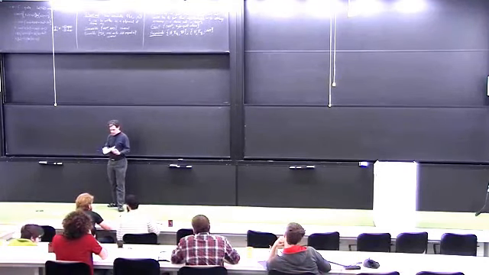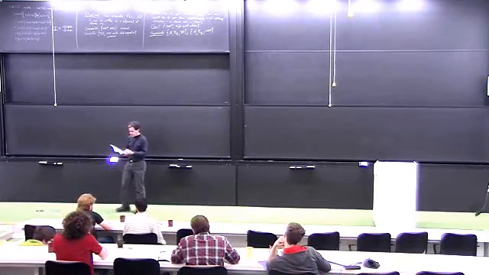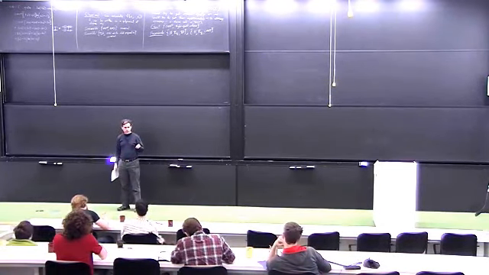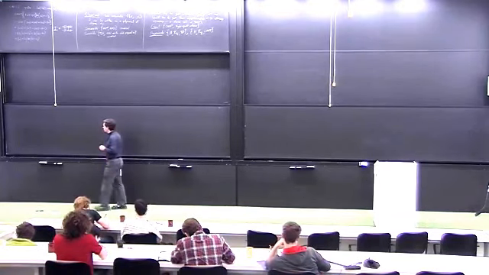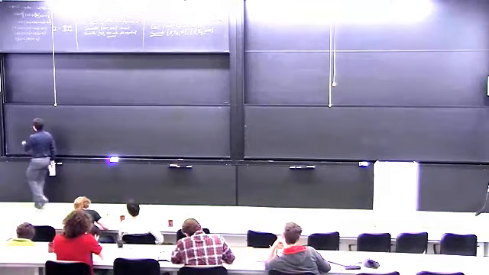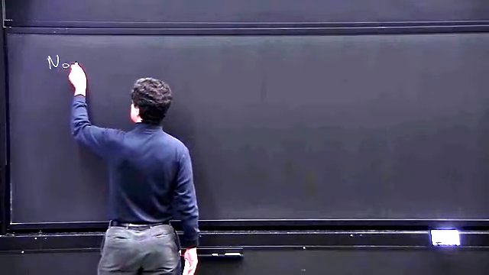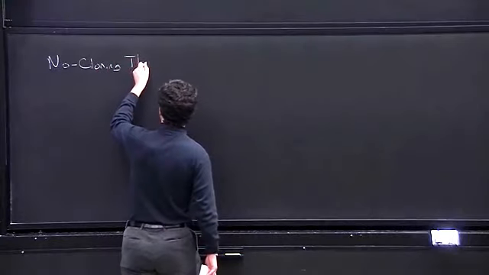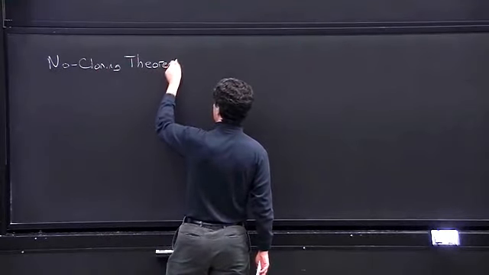The next topic I wanted to discuss is the no-cloning theorem. I guess a lot of you have probably seen this before, but I wanted to go through it quickly, in particular because it was at the root of some of the questions I was getting yesterday.